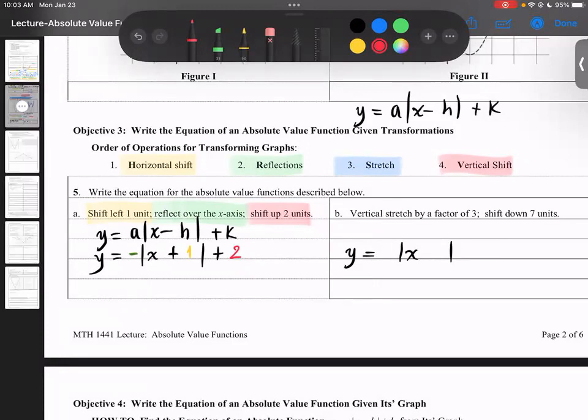No h, right? 0, x minus 0, which is x. Vertical stretch by a factor of 3, so that will be 3, right? And then shift down 7 units, that will be my vertical shift. Very good, thank you. If it bothers you that the absolute value is too big, maybe move it a little closer. Then you're done.